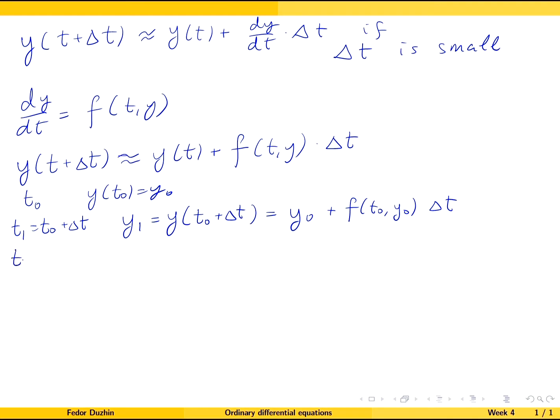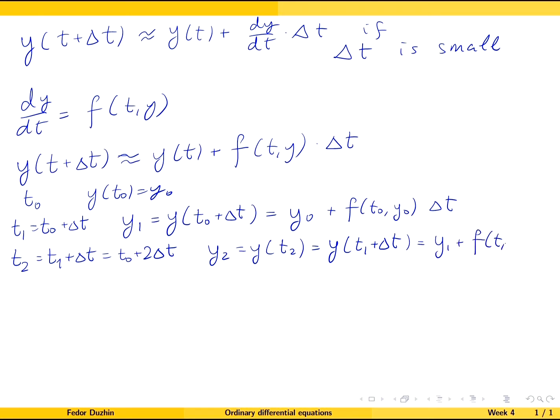Then suppose we want to compute it at the next point, t2, which is t1 plus delta t, or t0 plus 2 delta t. And we want to compute y2, which is y of t2. Then again, applying the previous formula, this is y of t1 plus delta t. Y of t1 is y1, plus f of t1, y1, delta t.